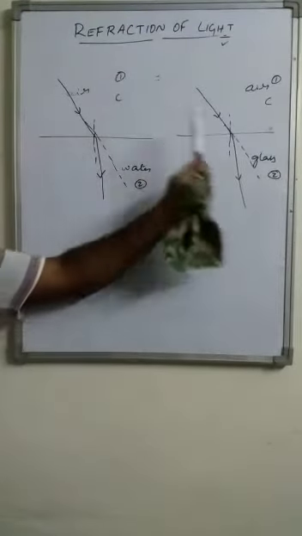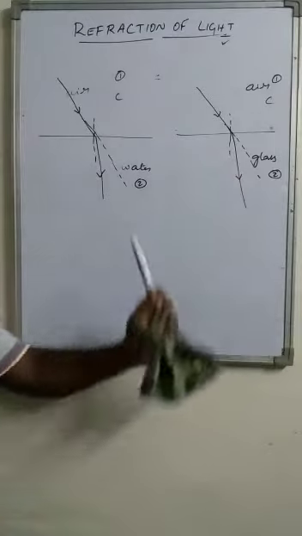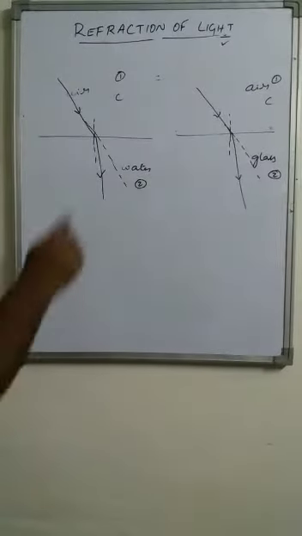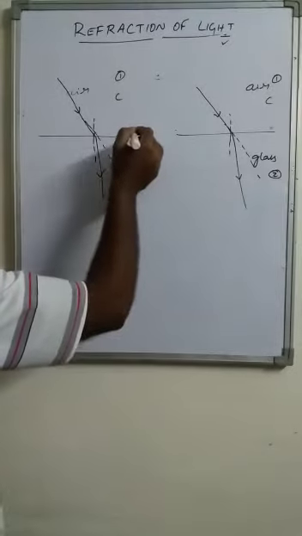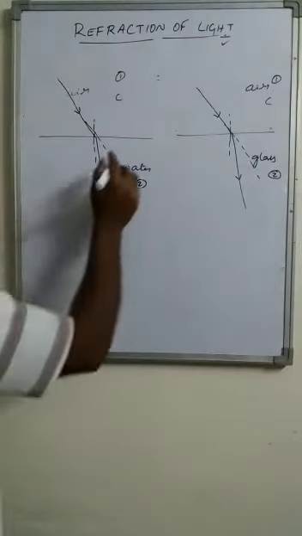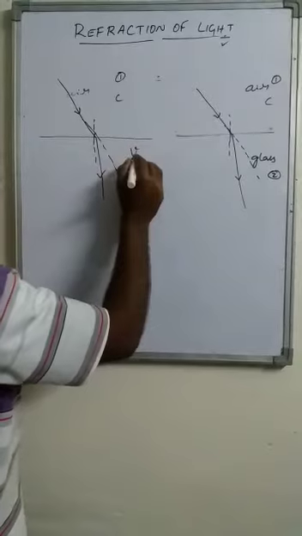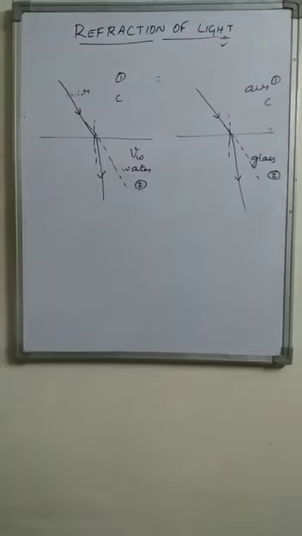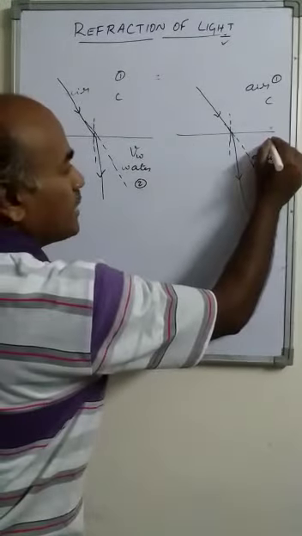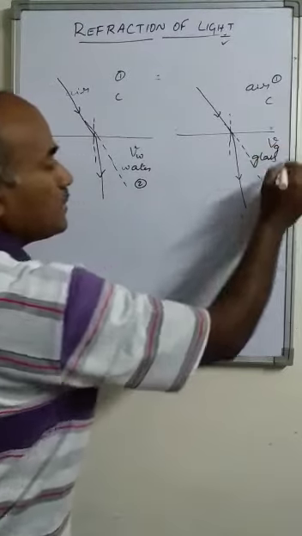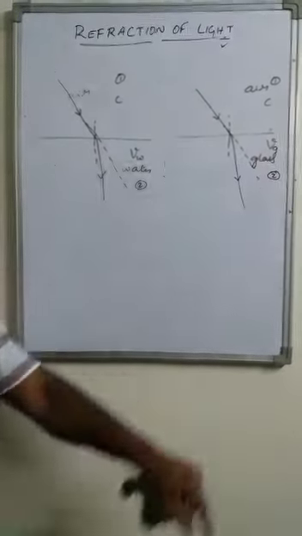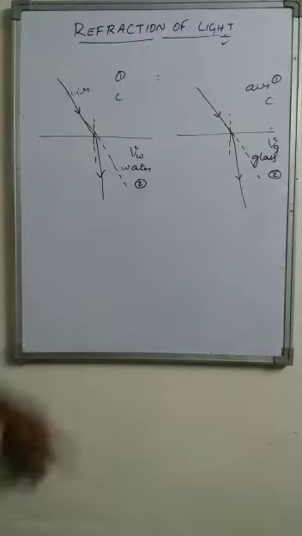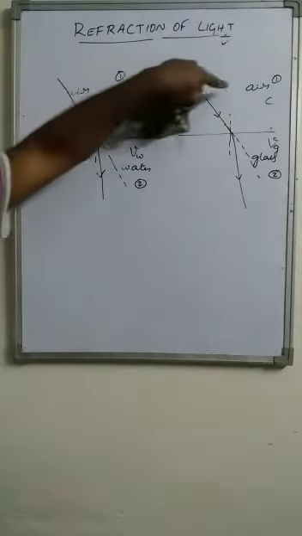That is, refraction of light is different. Here we take the velocity of light on entering into water, it becomes v. Let us take, this is w. This is velocity of light in glass. Now both the velocities will be different. Here it is entering from air into water, air into glass.